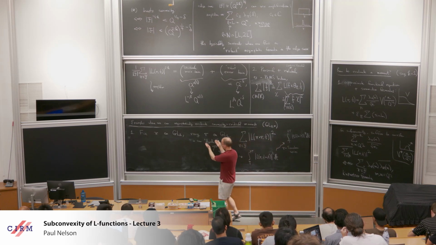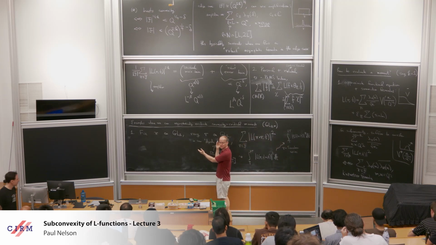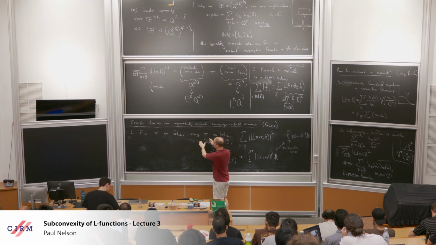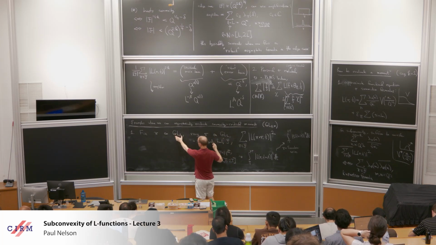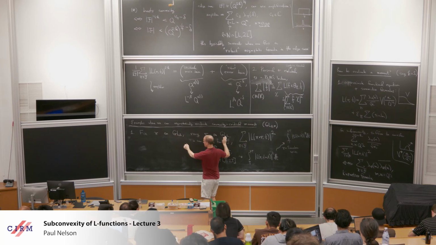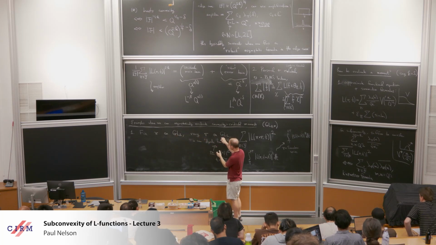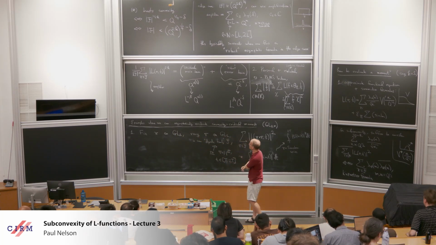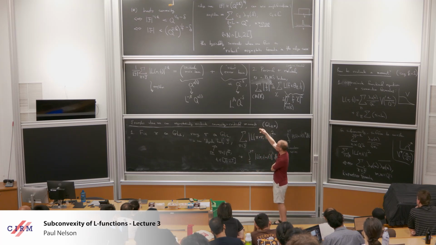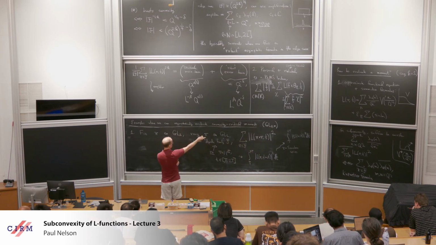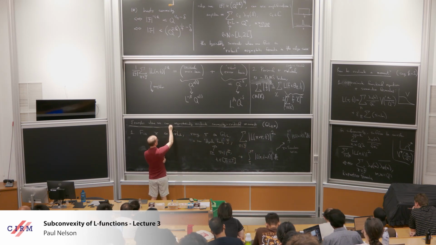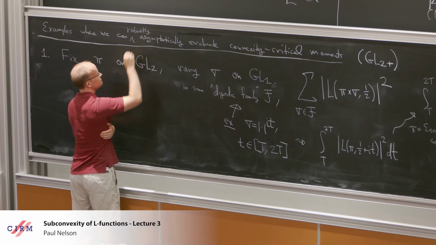But okay, for example, we don't know how to generalize something like this yet to any similar case involving, say, some higher degree general linear group here and some analogous one here of lower rank than the first one, subject to the conditions that we've outlined, where we want a convexity critical moment, an asymptotic evaluation, and we also want it to be robust.